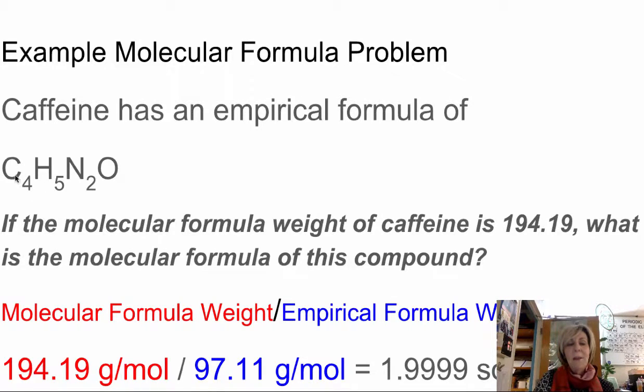So I just take the mass of carbon times 4, the mass of hydrogen times 5, the mass of nitrogen times 2, plus the mass of oxygen, and I add that all up, and I get an empirical formula weight of 97.11. So I take the molecular formula weight divided by the empirical formula weight, and I get 1.999.